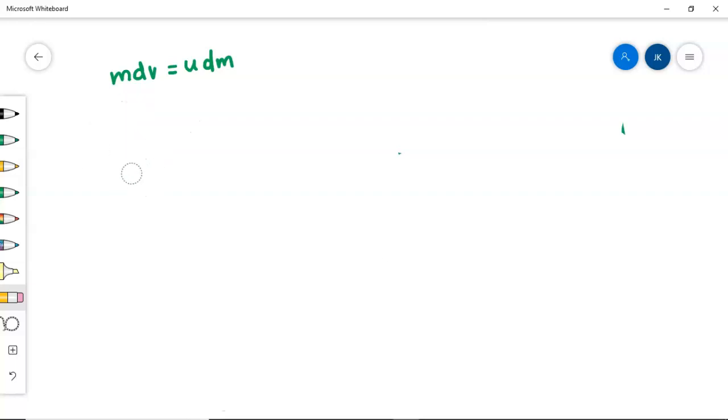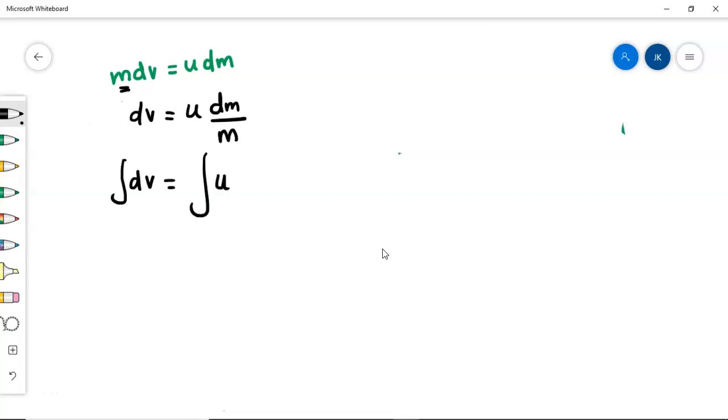So previously we have this formula m dv is equal to u dm. Here we take this mass to the denominator and take the integration of dv, and here the integration of u dm over m.